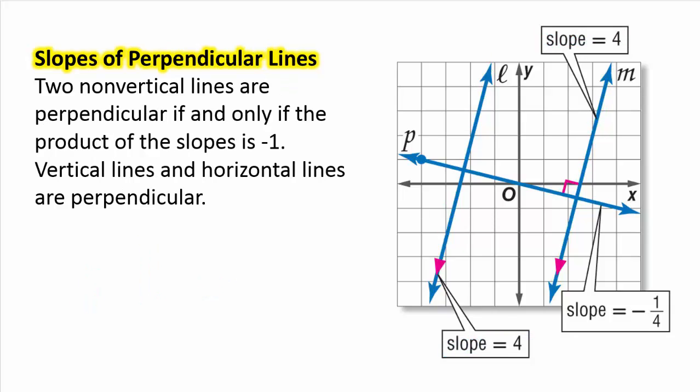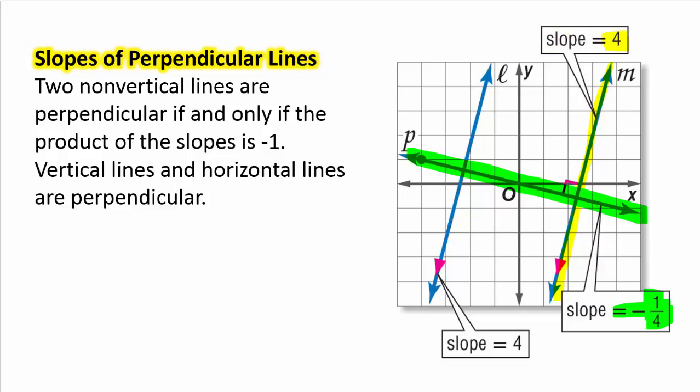Now, perpendicular lines are a little different. When you look at the slopes of perpendicular lines, two non-vertical lines are perpendicular if and only if the product of the slopes is -1. What that means is this. Now let's look at line P. Line P has a slope of -1/4. Line M has a slope of 4.